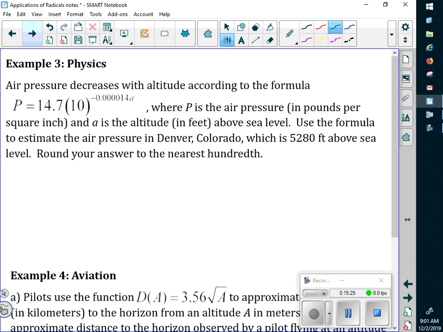Physics. Anybody know what the nickname of the city of Denver, Colorado is? It's the Mile High City. Why? Because it's in Colorado? Well, no. Its elevation above sea level is 5,280 feet, which is a mile.